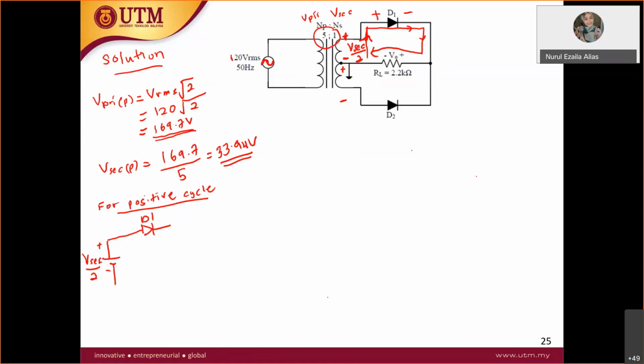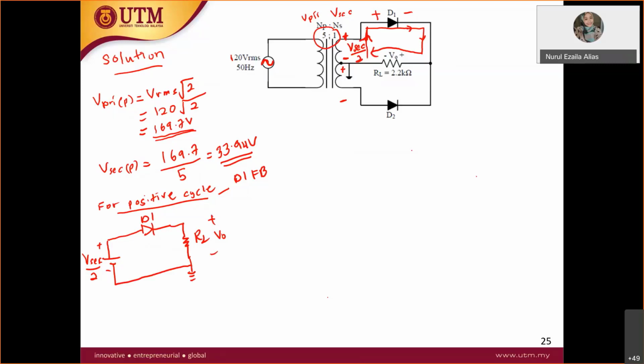In this case, write here: D1 forward biased. Then you have RL, and this is V naught, and the other end goes to negative and ground. So this is how your circuit looks.